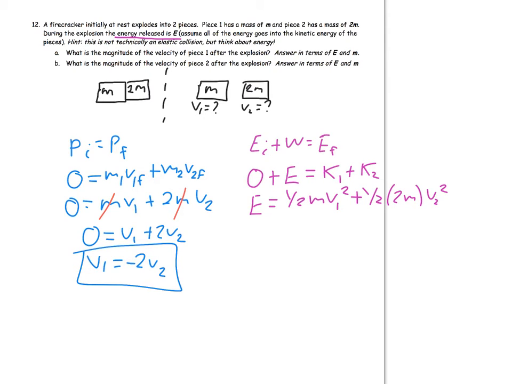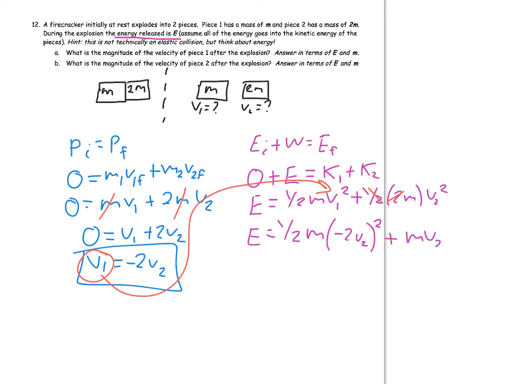And I'm going to do two things. Number one, the 1/2 and the 2 cancel each other out. And then I'm going to take this v1 and substitute it into that equation and combine those two equations. So what I end up getting is that E equals 1/2 m times negative 2v2, that quantity squared, plus m times v2 squared.